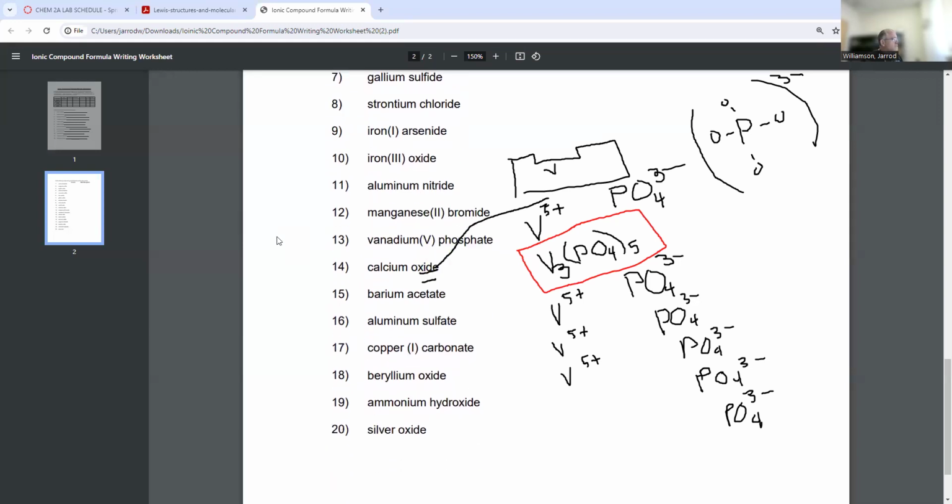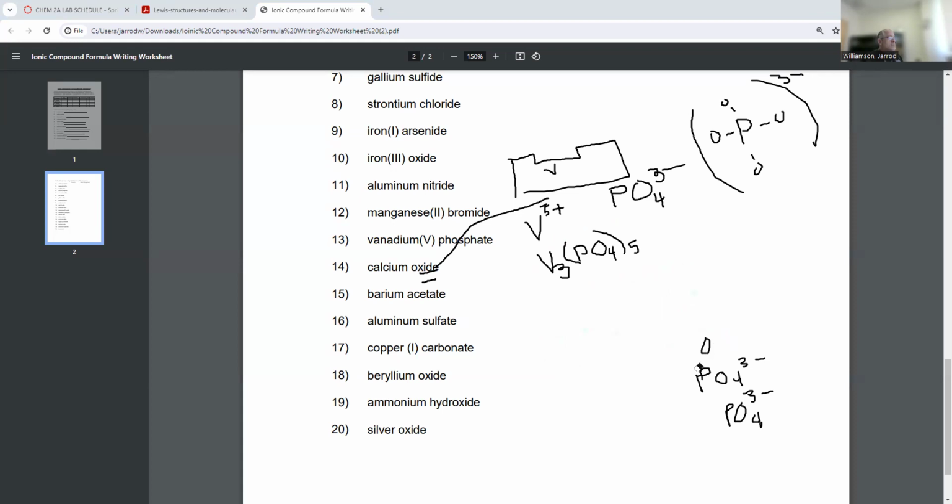Or, like I told you guys, the crisscross method. When you've got a 2 and a 3, or a 3 and a 4, or a 3 and a 5, I'll let you do the crisscross method, where you've got V 5 plus and PO4 3 negative.